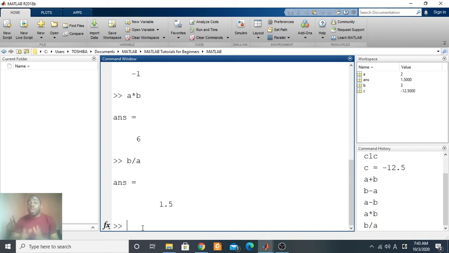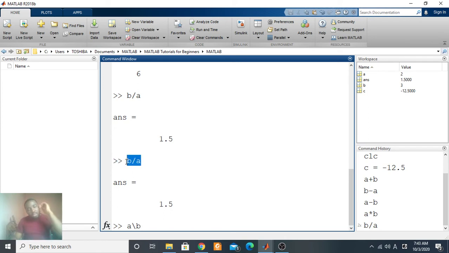By the way, there's also something known as left division. Let me just introduce it here before we go. Left division is simply the opposite of right division. We have said b divided by a, which implies b over a. Left division is just the opposite: a left division b will be the same thing as this.